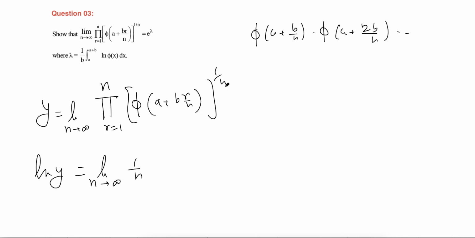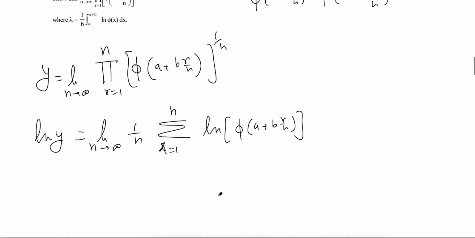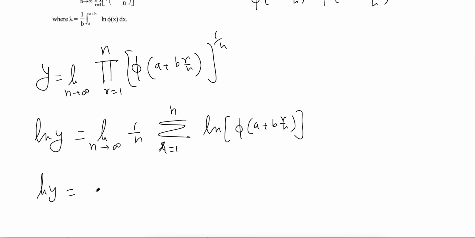This is multiplication. So if you take log, what will happen? Addition will become. So it means sigma ln of phi of a plus b r by n. Did you understand? r varies from 1 to n. Question is over. I guess ln y equal to, I can say this is the integration ln phi of a plus bx dx, 0 to 1.